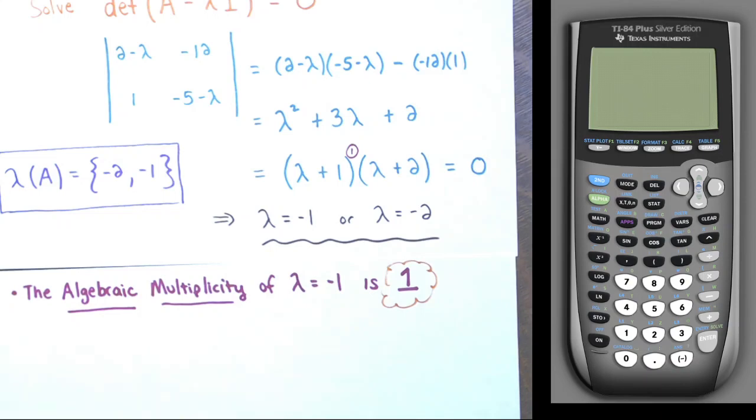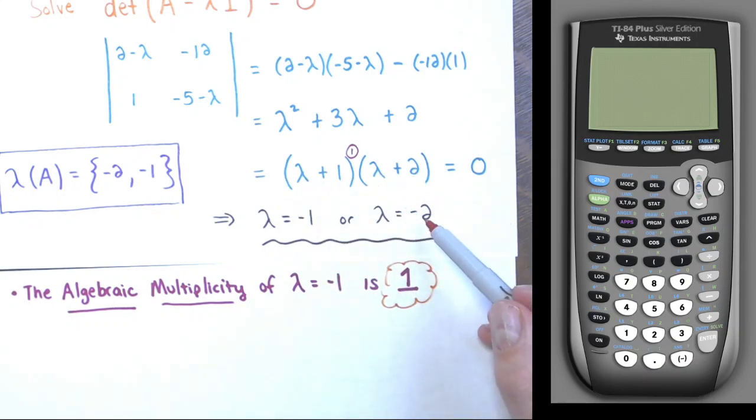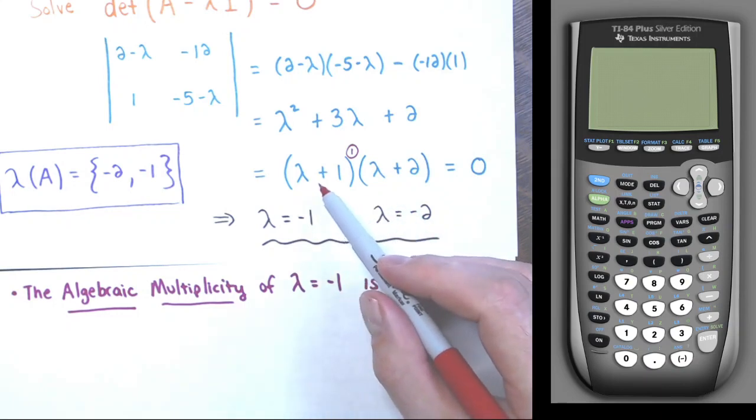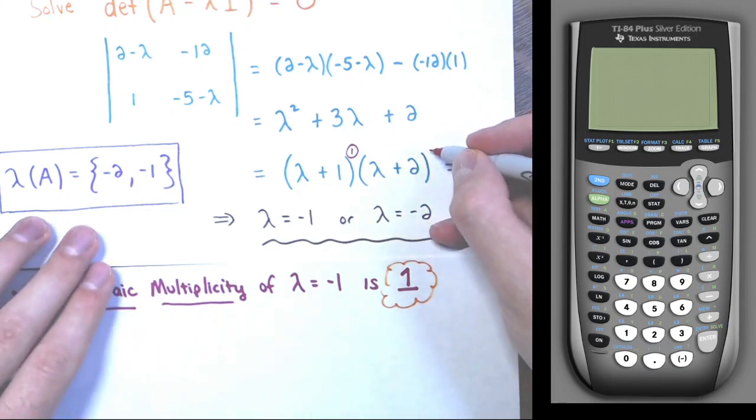And the same thing for the other eigenvalue, lambda equals negative 2. Ask yourself the question, how many factors in the characteristic polynomial does negative 2 make equal 0? Well, if I plug in negative 2 here, that wouldn't be 0, but here it would. And this is only lambda plus 2 to the first power.